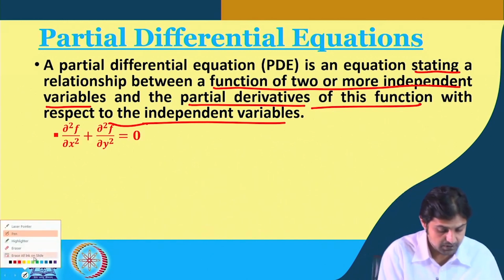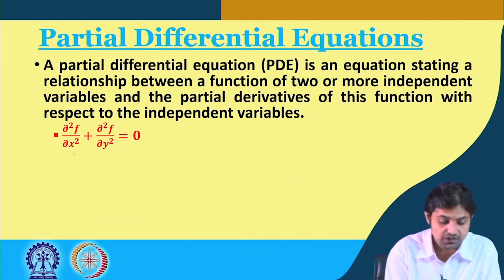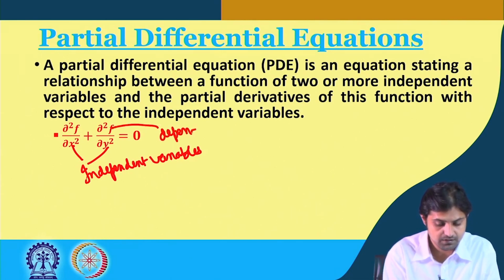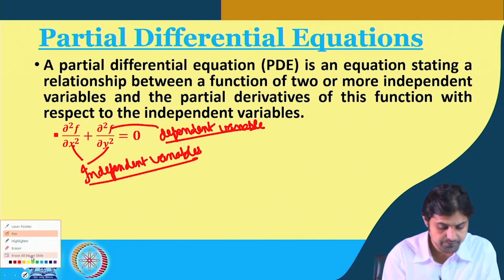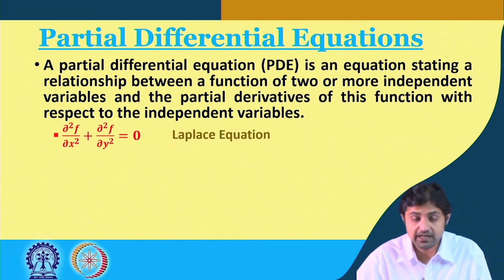For example, this equation: del square f by del x square plus del square f by del y square is equal to 0. Here x and y are independent variables, and f is a dependent variable, and this equation is called the Laplace equation.